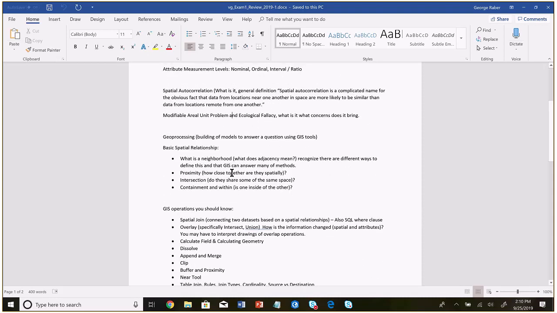So you should understand a little bit about spatial relationships. If I ask you to provide an answer looking at a bunch of polygons, and I say which polygons are adjacent to polygon A based on the criteria that they need to be within 5 miles of the polygon, then you would specify which ones.